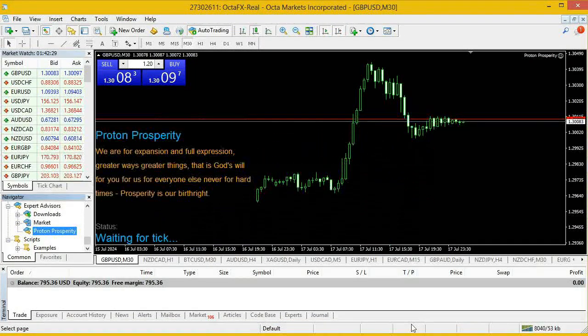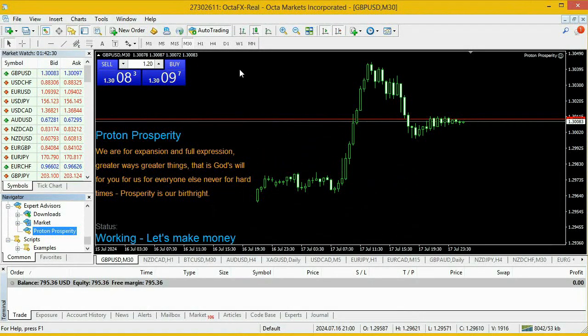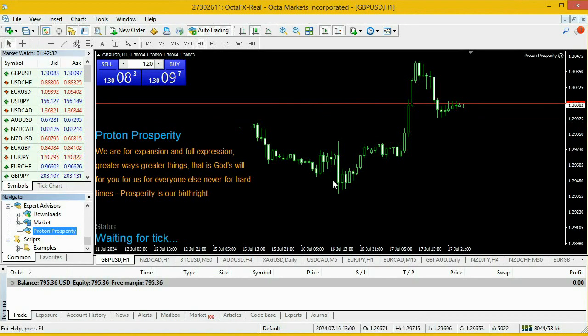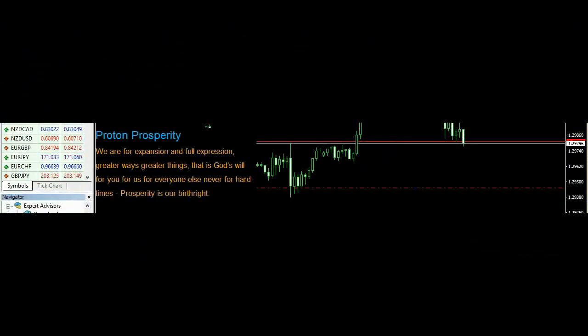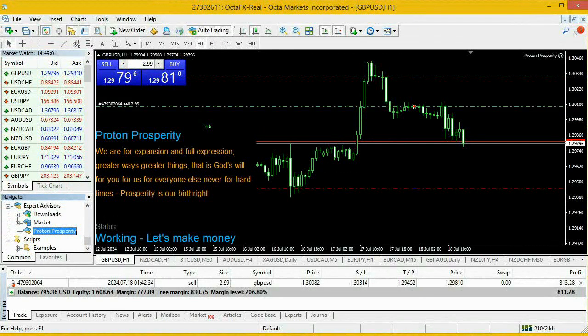The next trade is on the British pound and US dollar currency pair. Sell position executed. Our stop loss and take profit. This is where we are, around 13 hours later.